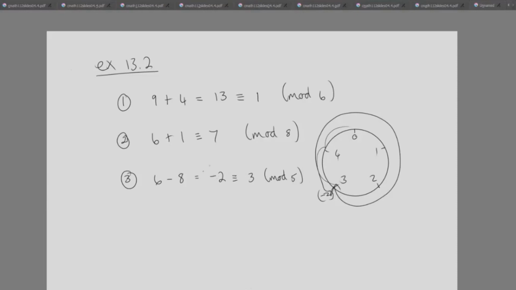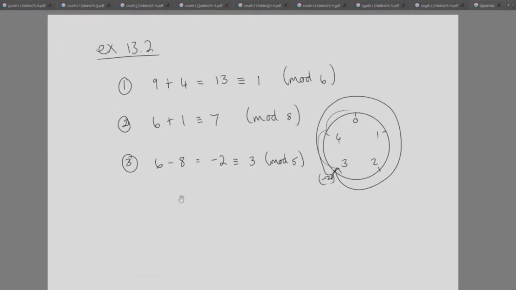So if you have a negative number as a calculation, you can add the modulus value to put you among the correct valid answers for your specific circle.